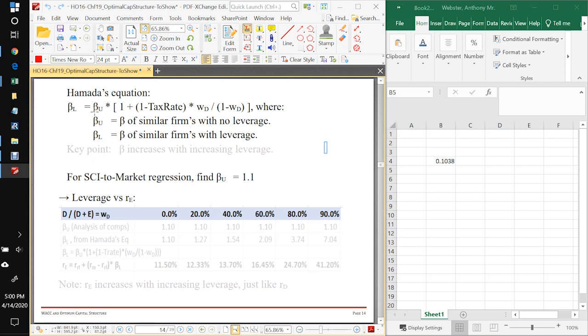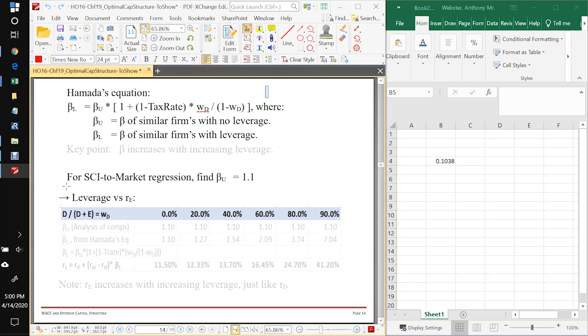So the leveraged beta is equal to the beta of the firm when it has no debt, times this whole mess. And the key thing you have to see with this whole mess is that as this whole term gets bigger, the beta is going to get bigger.